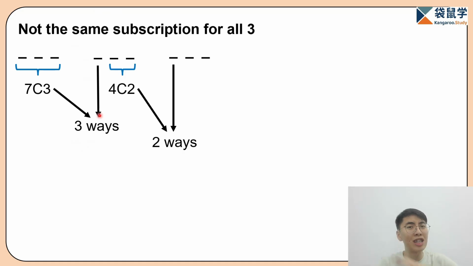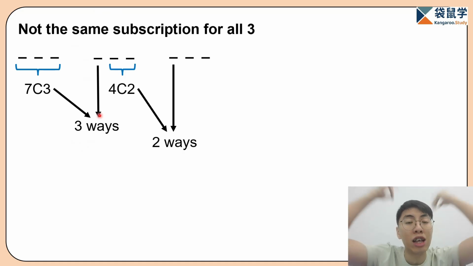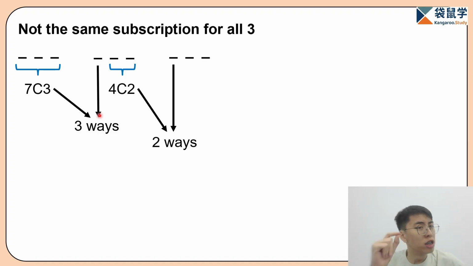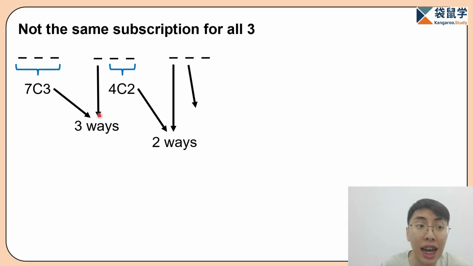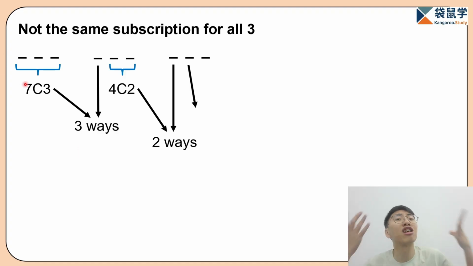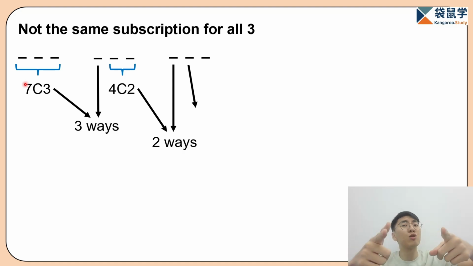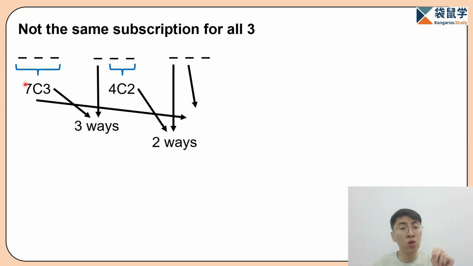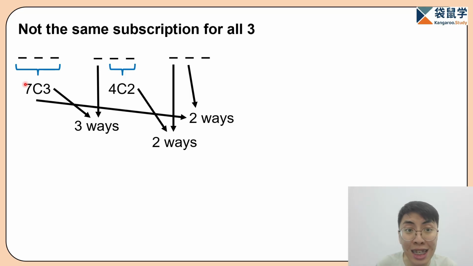The answer is of course not, otherwise you'll be back to the same concept. So here, how many possible newspapers can I select from? Aside from this one that is the same, it must be one of the other 2 that are not selected. That means we have a total of 2 other ways.